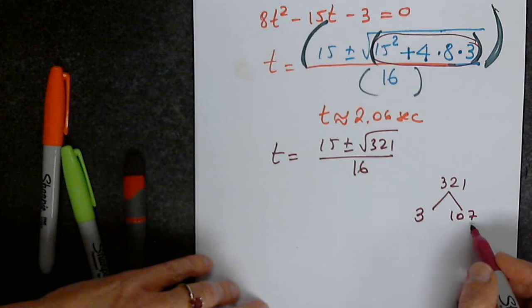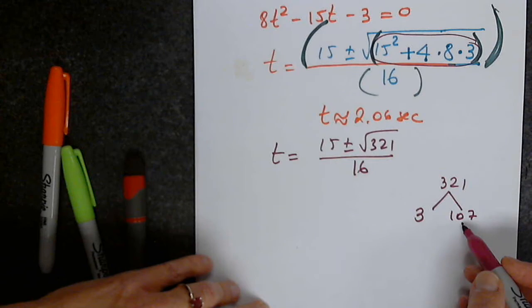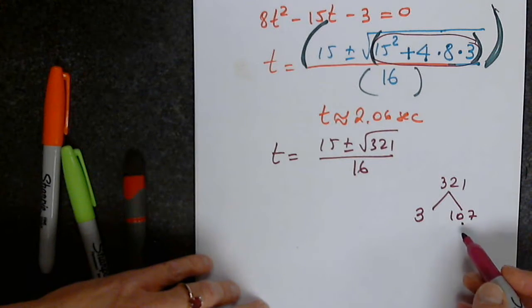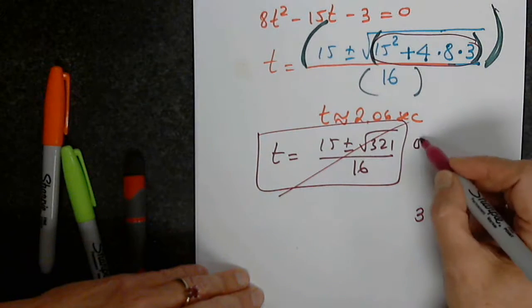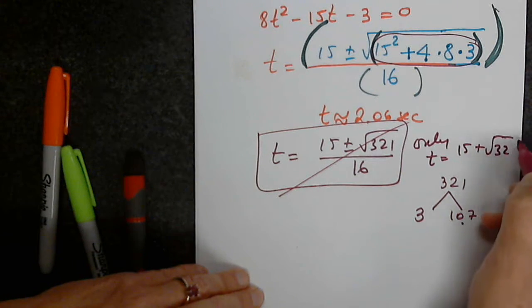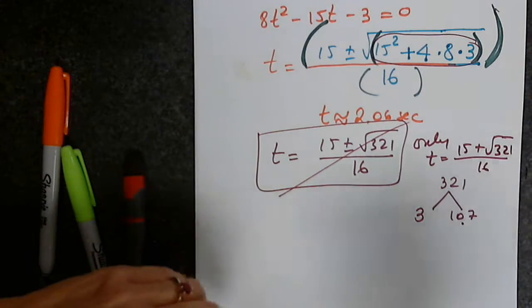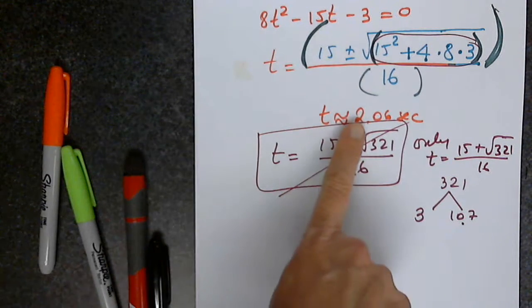Is 107 divisible by anything? No. Okay, and this is the exact, so I will say only t equals 15 plus the square root of 321 divided by 16. Any questions? That's the exact. And this is the approximation of that.